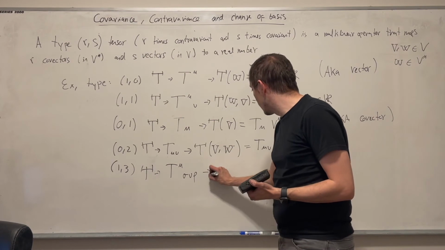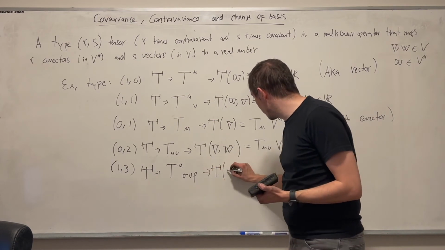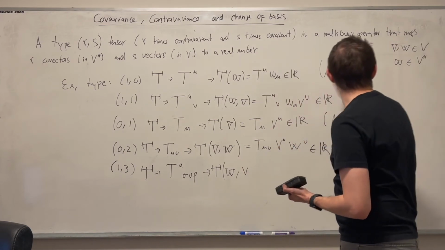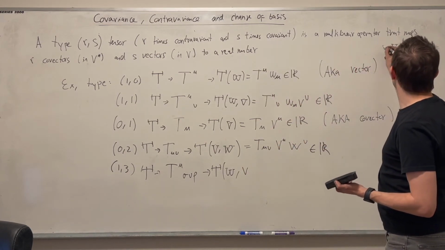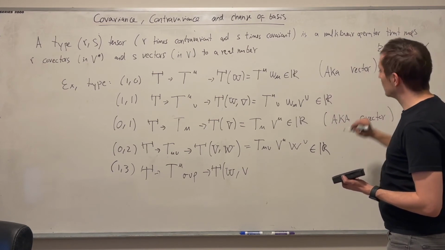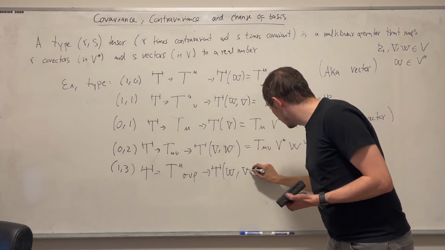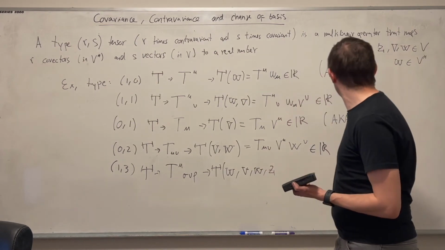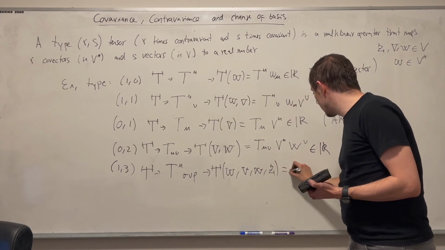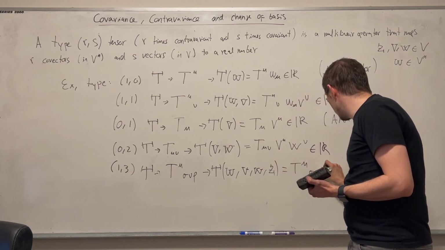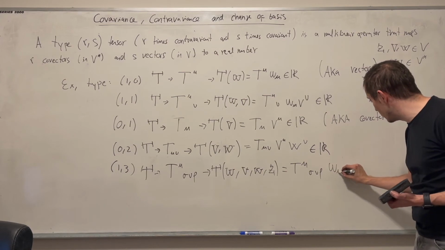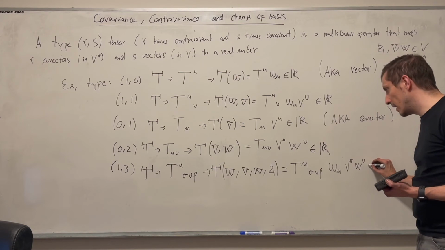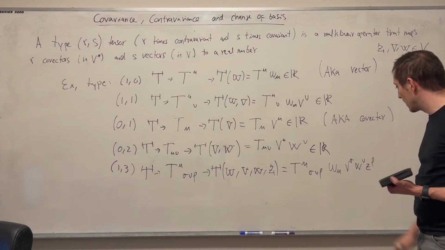And that would take one element of the dual space, omega, and then three vectors, V, W, and, let's call it, Z. This is equal to T mu sigma nu rho, contracting with omega mu, with V sigma, with W nu, and with Z rho. And there's a real number.